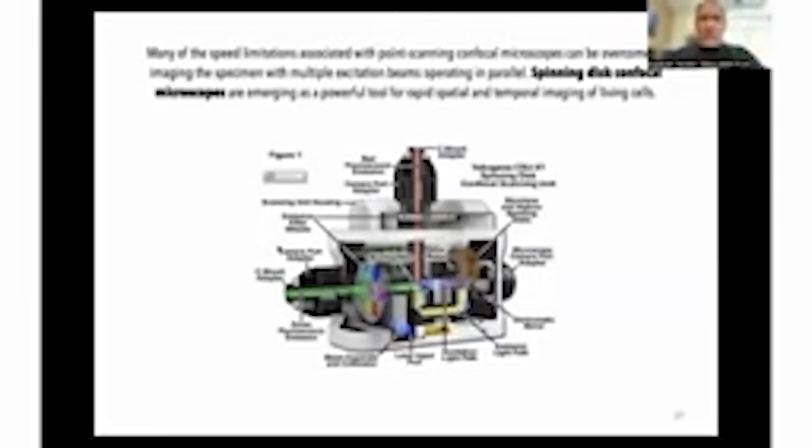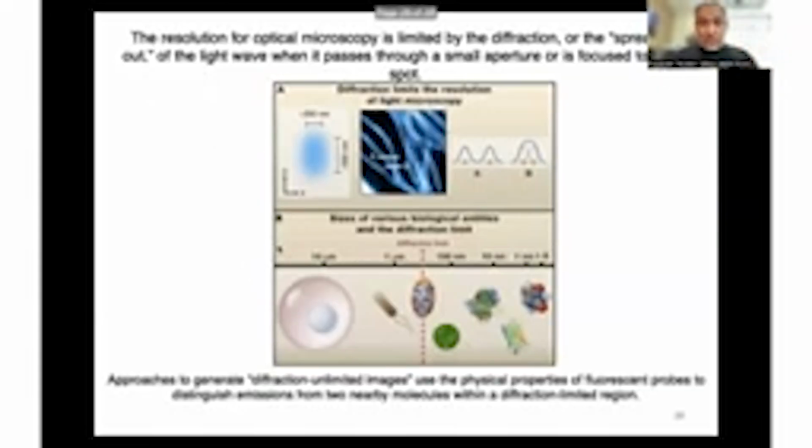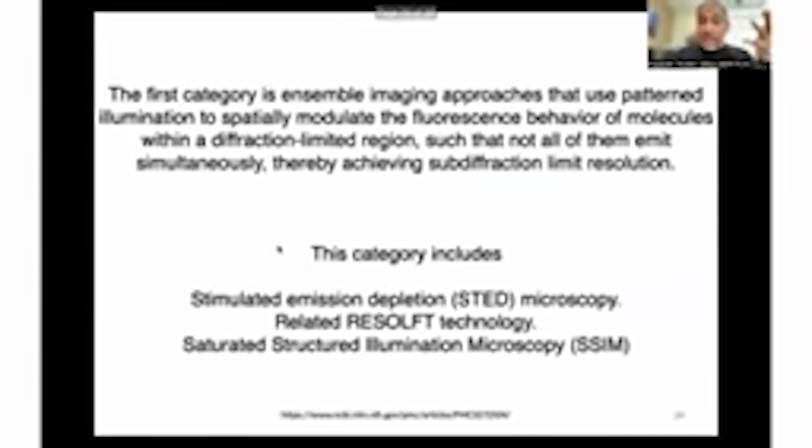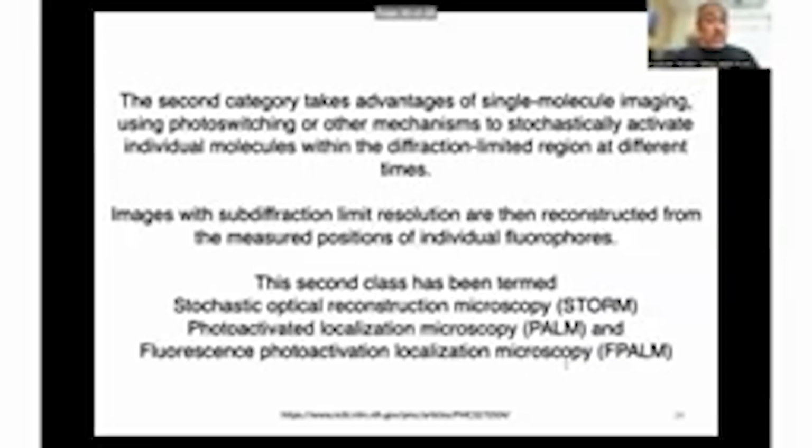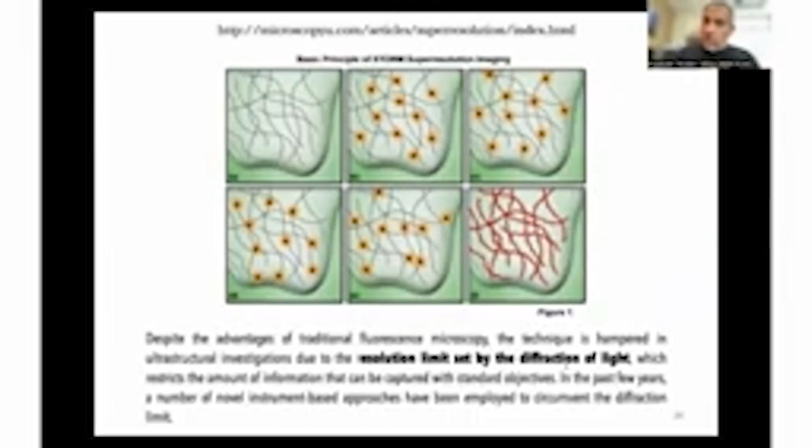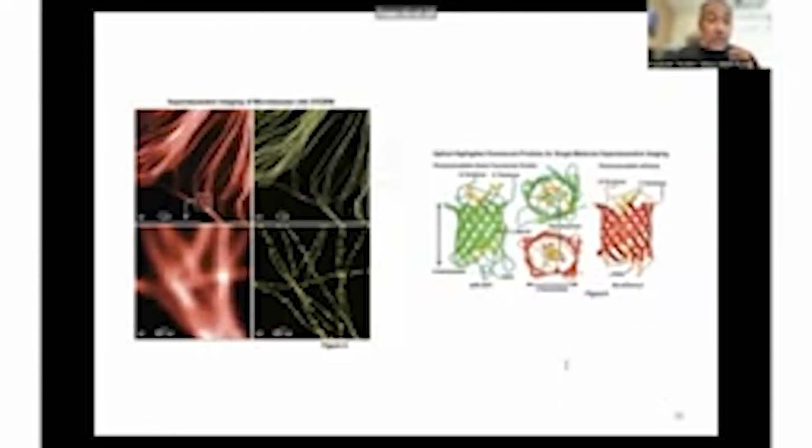There are more advanced versions, and I'm not going to get into that in the interest of time. And also, this is something that you can go read on your own. There is something called a spinning disk confocal microscope, which does one better than the existing confocal microscope. And there are now new microscopy systems called STED, and there is a system called STORM, which also affects the resolution of the image and allows you to now resolve things better.